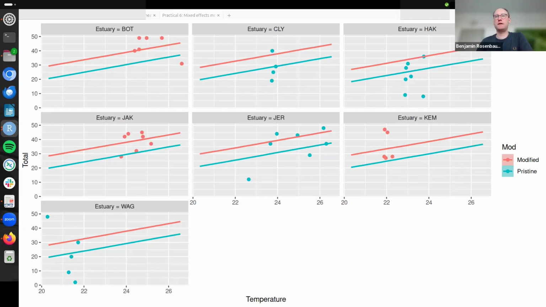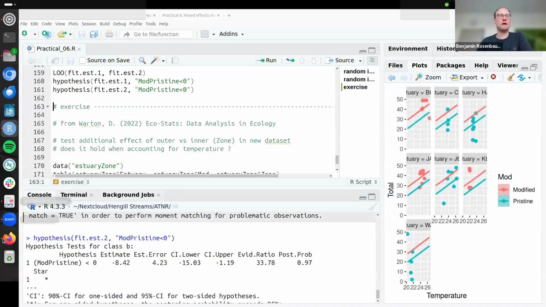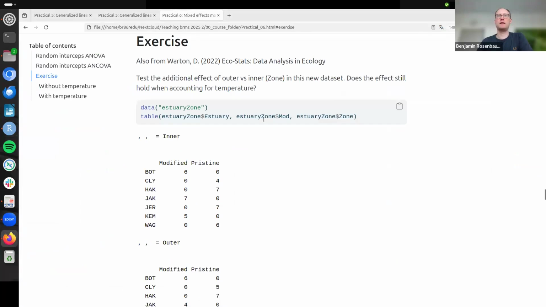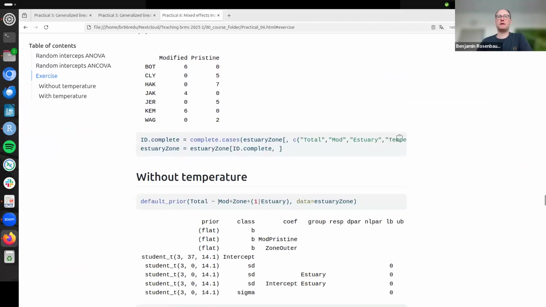Here in this case, you can include this as another predictor in the model to see if the difference here between modified and pristine still holds, even when you include temperature.